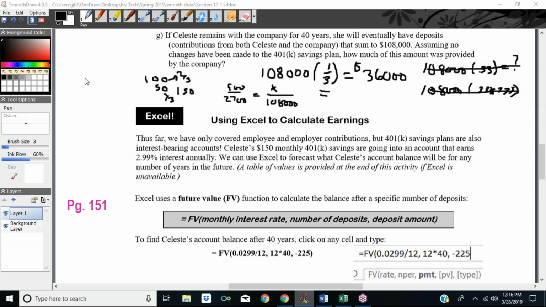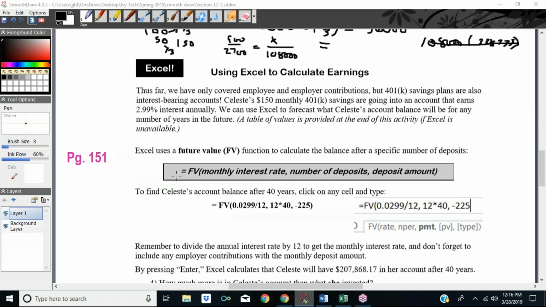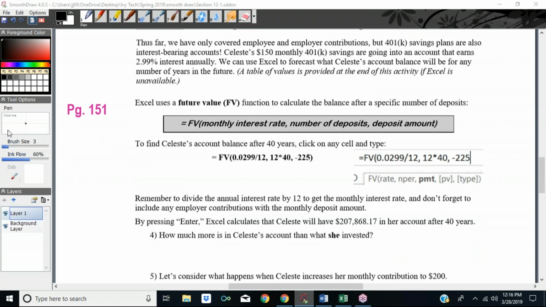Celeste's $150 monthly 401k savings are going into an account that earns 2.99% interest annually. We can use Excel to forecast what Celeste's account balance will be for any number of years in the future. And so here's another Excel function. So take a look at that just for a minute.